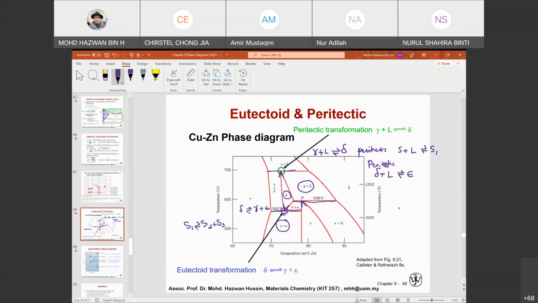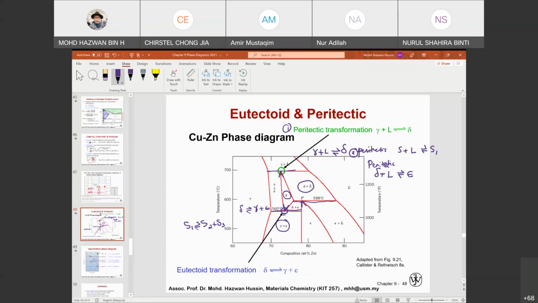So in the phase diagram, it is possible that the reaction occurs multiple times, even though you have one peritectic at around 700 something. Peritectic could also form elsewhere. Similarly, you can see multiple reactions of eutectic, eutectoid, and so on. Okay, thank you, Crystal.